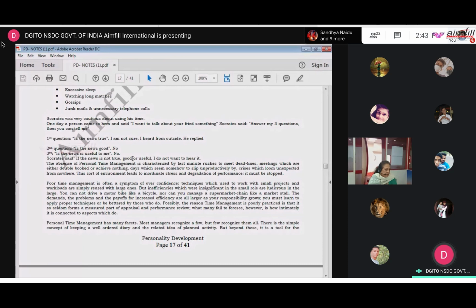Absence of personal time management is characterized by, how you can make out when a person is not following time: last-minute deadlines. You have to meet your deadline. When the exam is there, 1 day before we start studying, right? Crisis. The questions are going to be asked tomorrow, so study today. That is your time management going wrong. Meetings which are double booked achieve nothing, because if you leave it to the last minute, it's not going to happen.